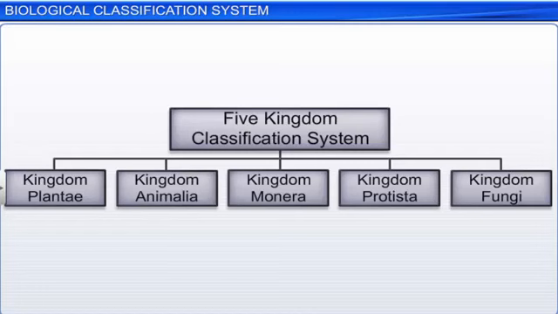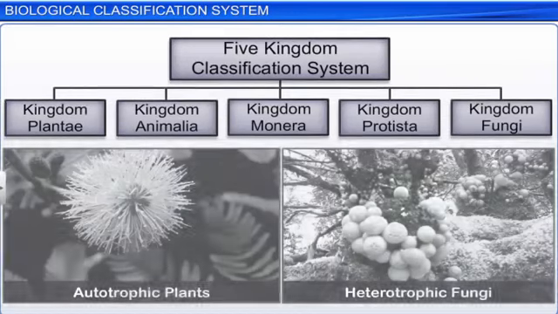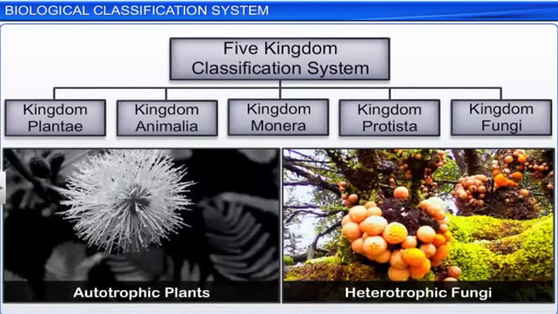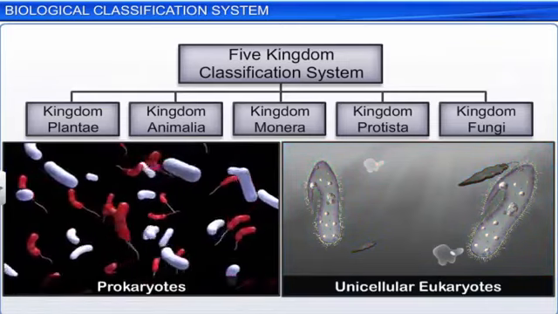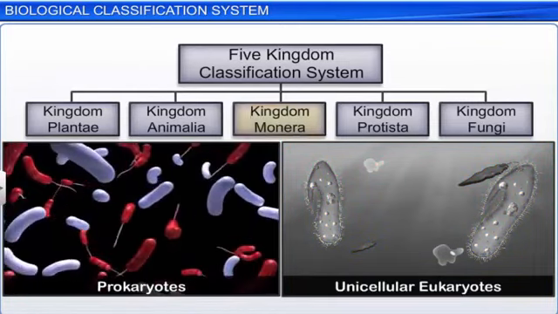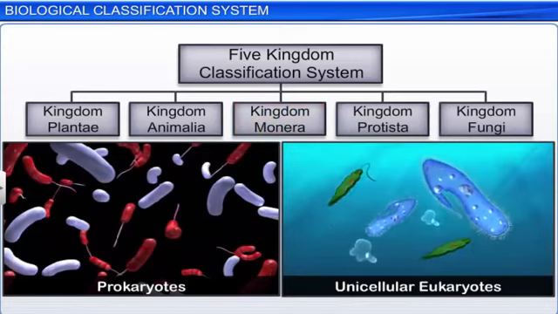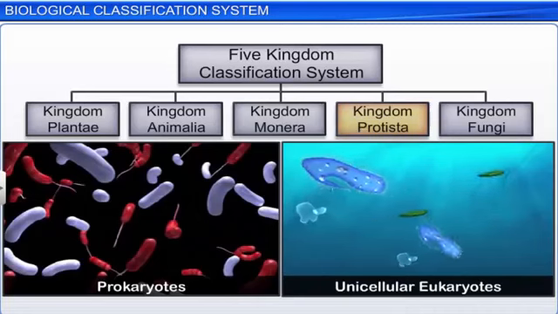Based on the differences in cell wall composition, heterotrophic fungi differ from autotrophic plants and were grouped under Kingdom Fungi. All prokaryotic organisms were grouped together under Kingdom Monera, and unicellular eukaryotic organisms were placed in Kingdom Protista.